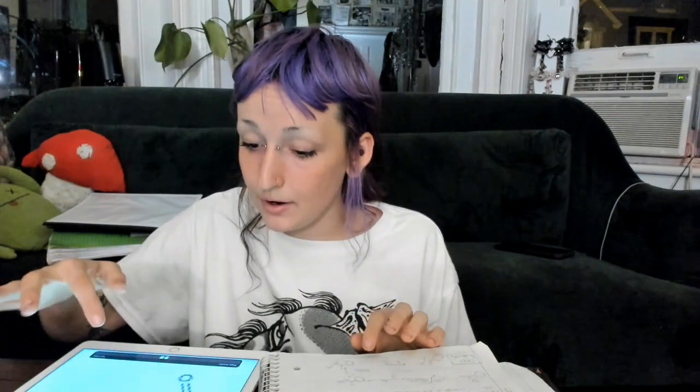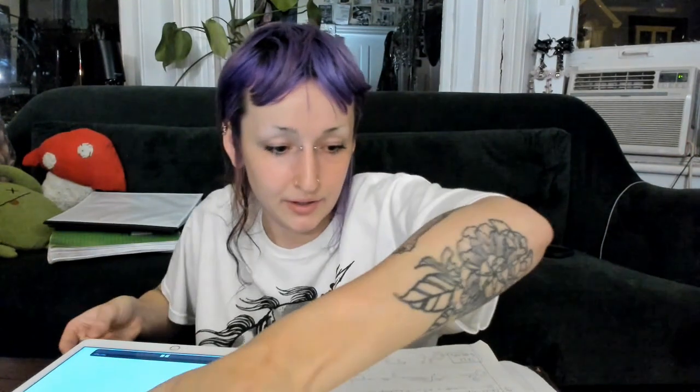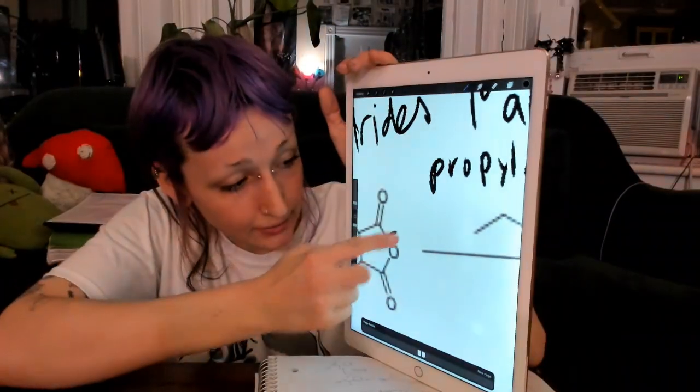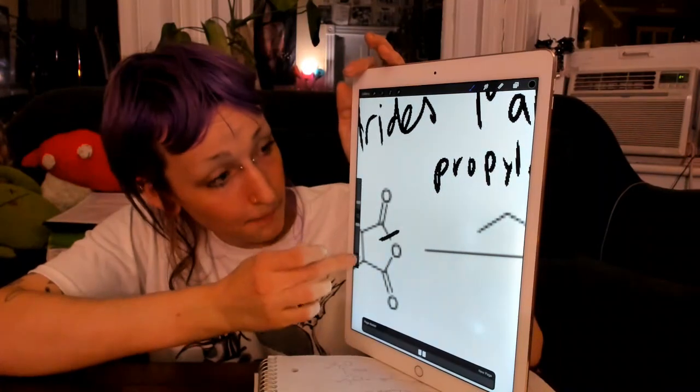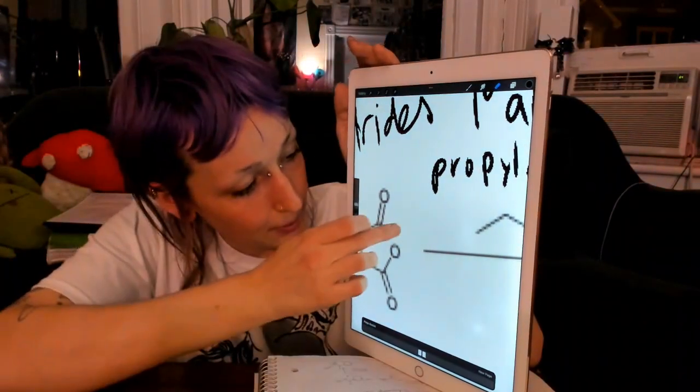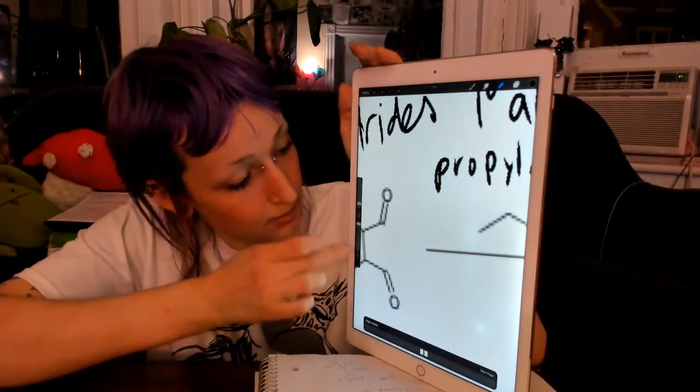You can choose either side of the anhydride because it is a symmetrical molecule, but you're basically just going to pop that guy off. I need to be showing you what I'm doing. Sorry. You're basically going to be breaking this open. I'm going to go ahead and draw that for you.